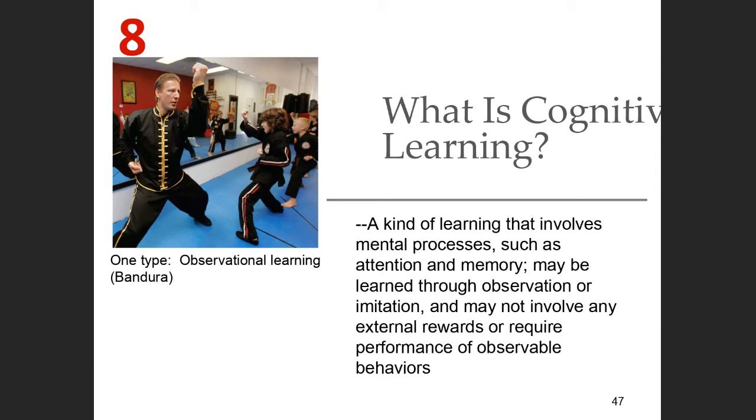Those theories believe that we're just responders to our environment. But the cognitive theorists think that we have a choice. Albert Bandura was one of the cognitive learning theorists, and his theory is observational learning, which is when we mimic the behaviors of other people.